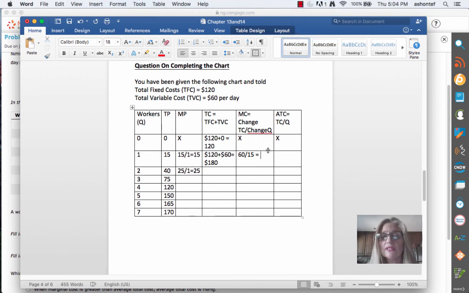Okay, so this would be 60 over 15, and if we divide that out, that would be 4. And let's do another one. Actually, let's quickly do the total cost here.